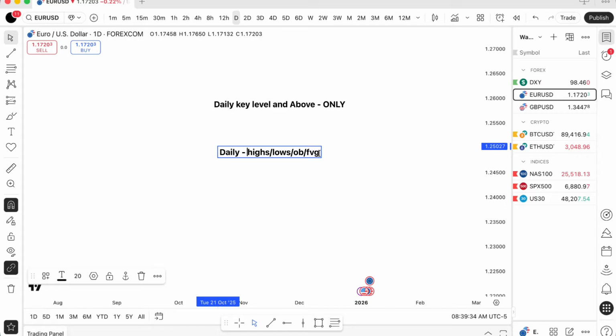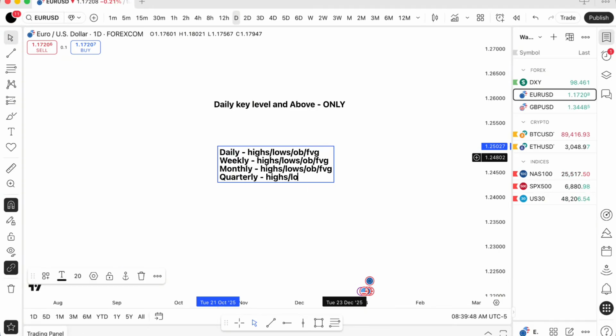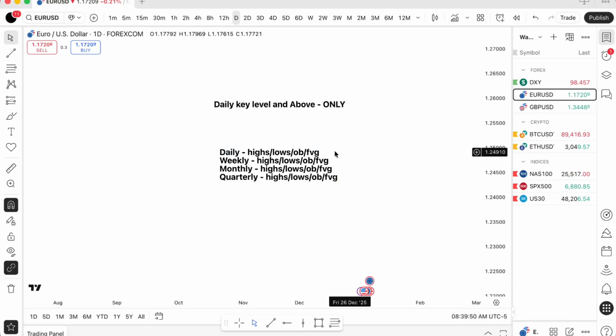Also, not only daily, everything above means weekly highs, lows, order blocks, FVGs, monthly highs, lows, order blocks, FVGs, quarterly, right? Highs, lows, order blocks, FVGs.